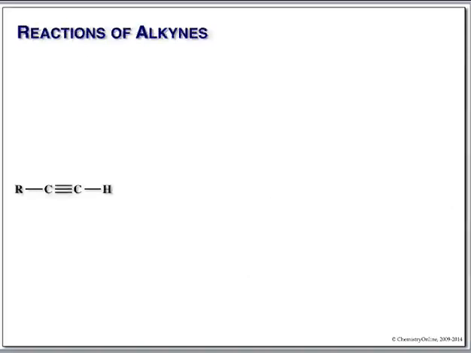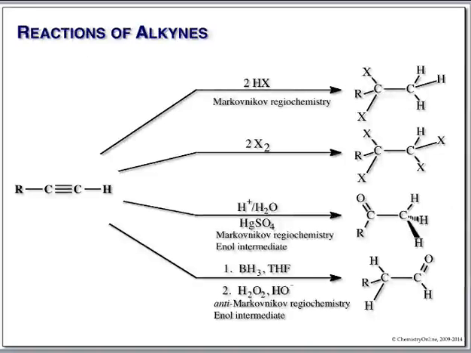All right, reactions of alkynes. Basically, we're going to have 2 sets we're going to look at. We're going to add HX to our triple bond. That's going to be just like the addition to an alkene. We're going to describe the regiochemistry as Markovnikov.